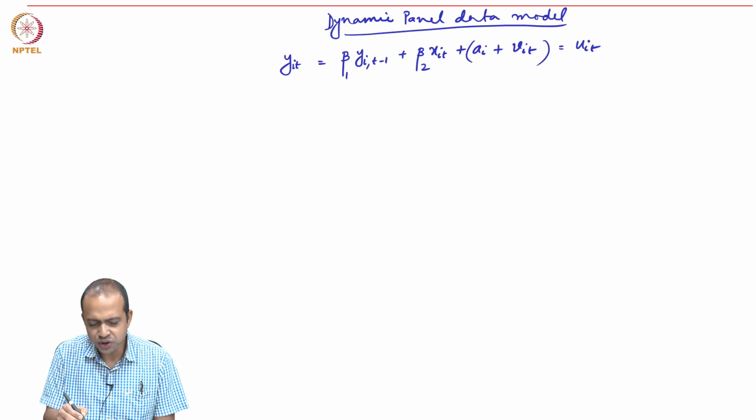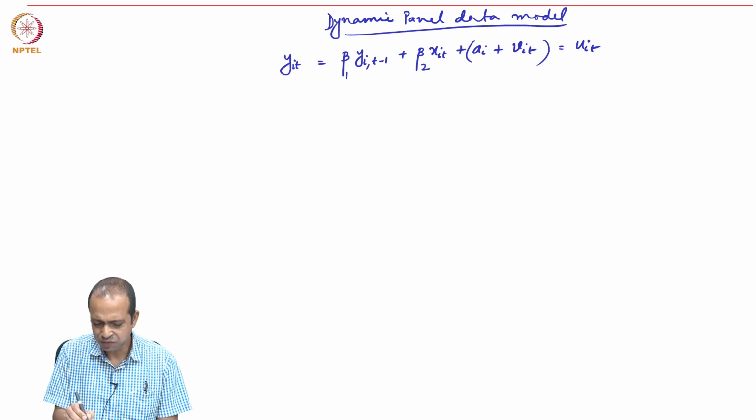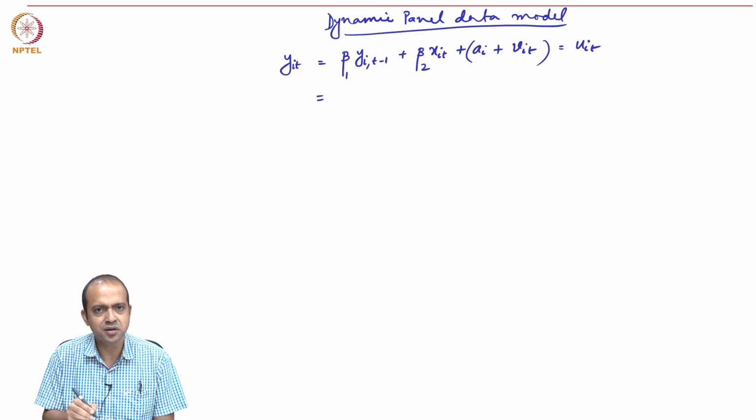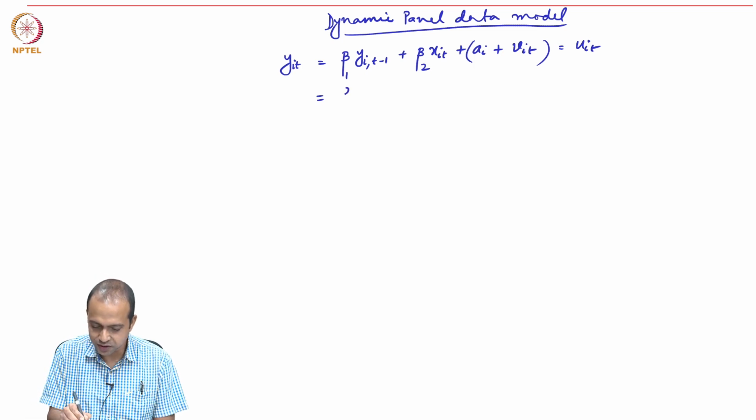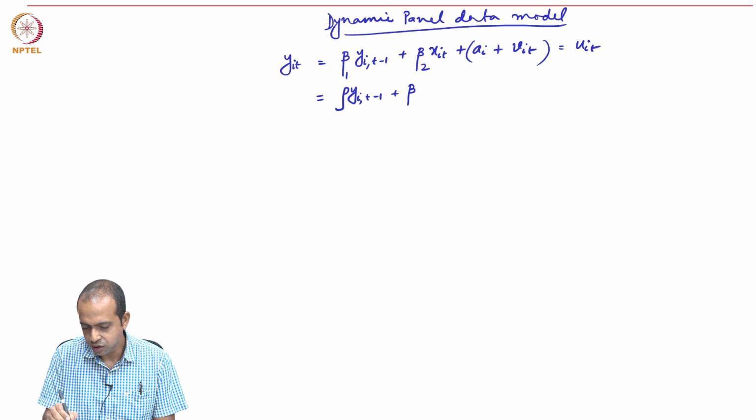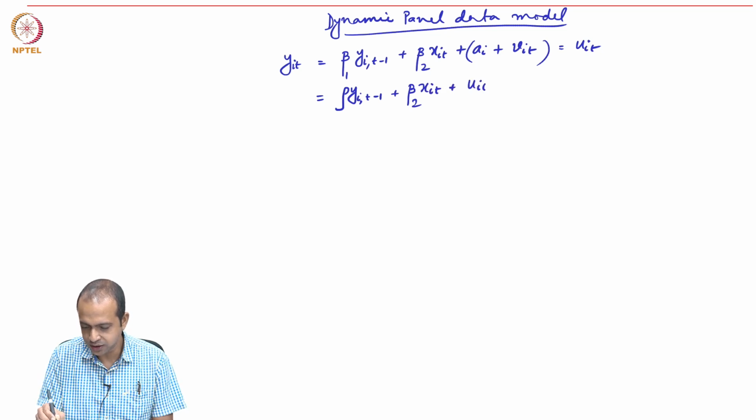Sometimes, instead of the coefficient beta 1, we use a different coefficient just for notation's sake, to differentiate this variable from the other explanatory variable. So, let us say this is rho Y_i,t-1 plus beta 2 X_it plus u_it.